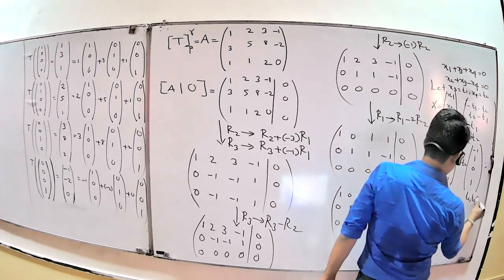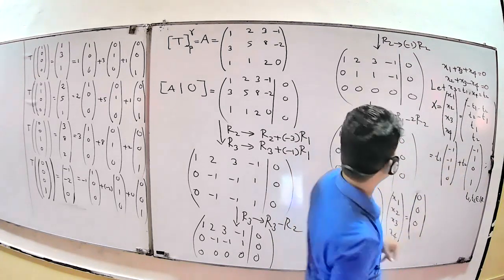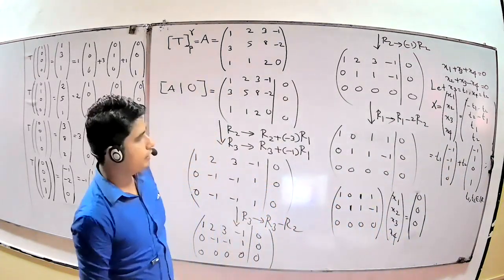Here t1, t2 belong to the reals. Therefore, these two vectors are the basis for the system AX equal to 0.